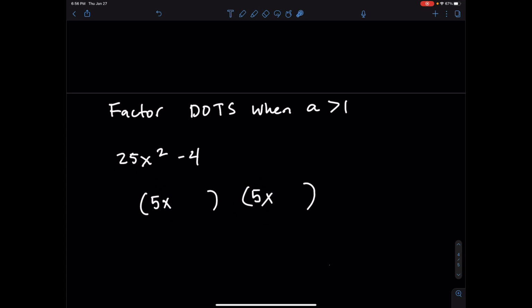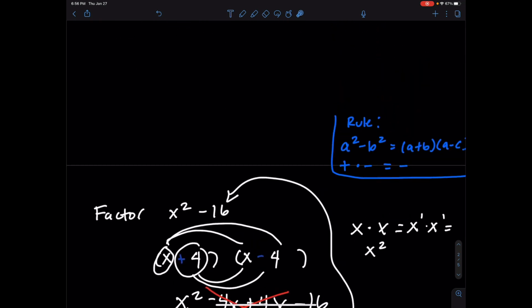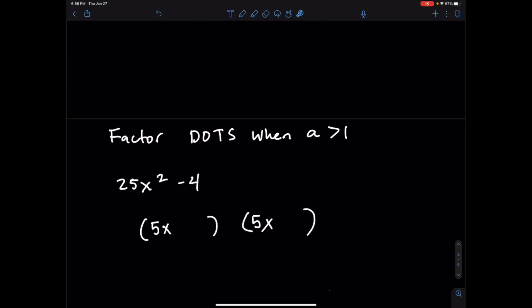Lastly, we have this negative 4 here. What times what is going to give me negative 4? Let's look back at our rule. A positive times a negative is going to give me a negative. So I'm going to put a positive sign here and a minus sign there. And what times what is going to give me 4? That's going to be 2 and 2, because 2 times 2 is 4.